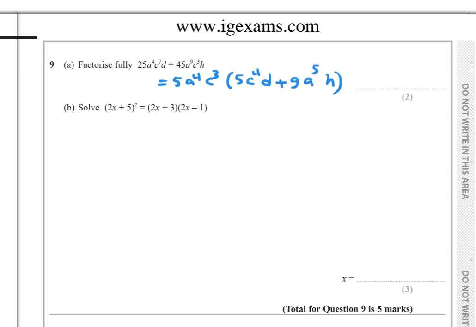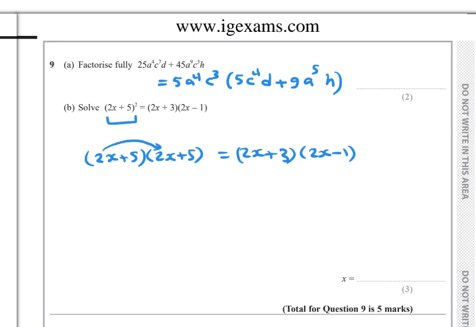For b, solve 2x plus 5 all squared equals 2x plus 3 times 2x minus 1. Expand the left hand side, so 2x plus 5 times 2x plus 5. Or you can expand this directly.